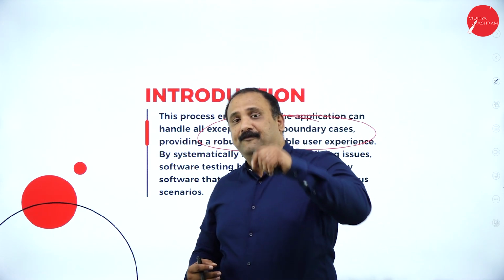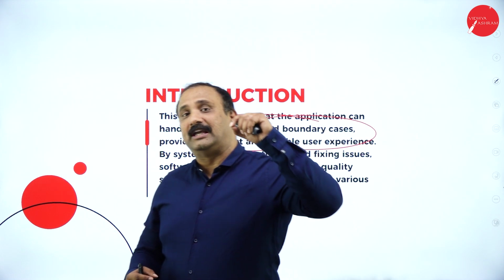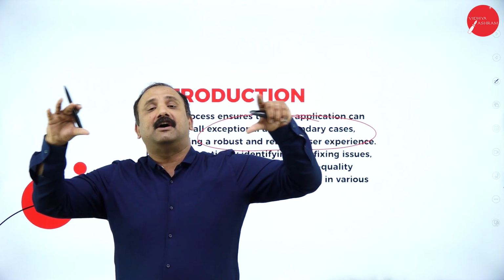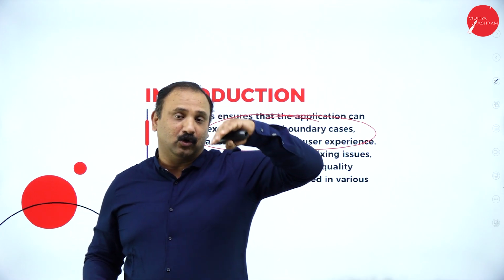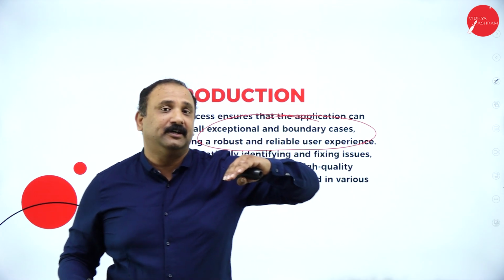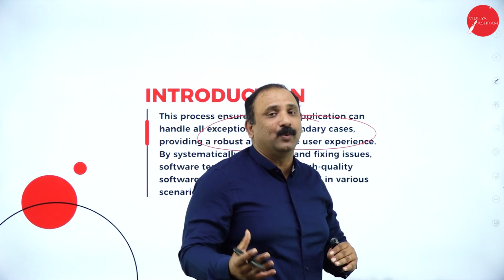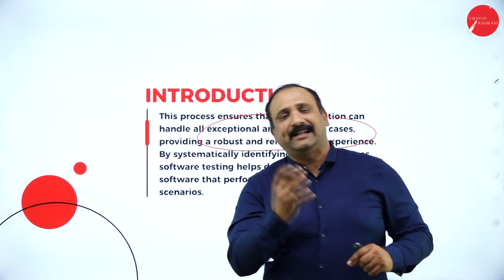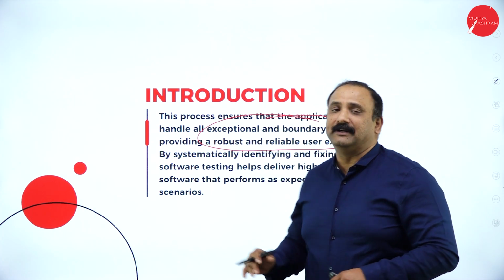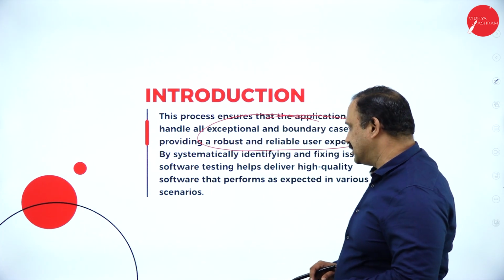So the aim of software testing is to keep in mind all the functionalities on board, understanding how it will go, where it has to move further, and where we need to look into it in terms of the developmental aspect. So keeping all that in mind, we are going to build this particular software testing process.